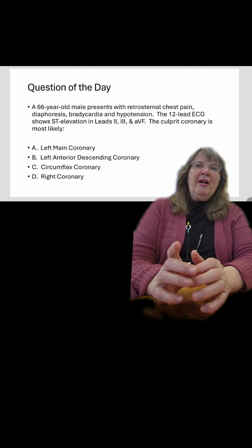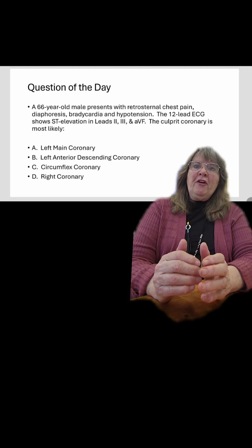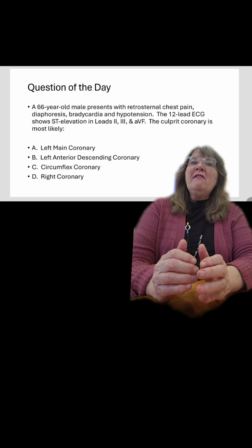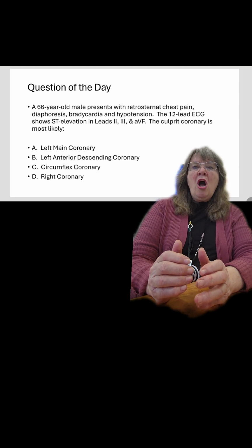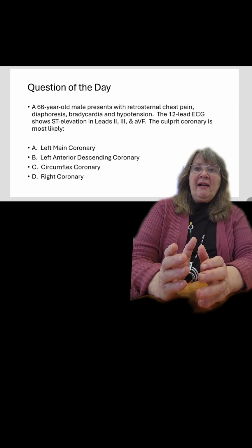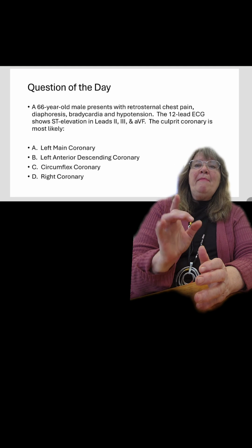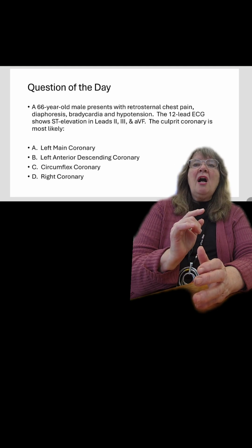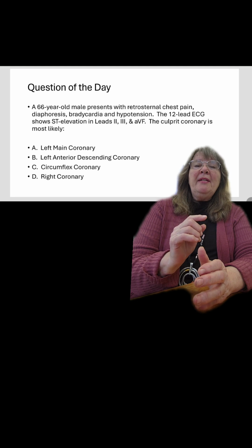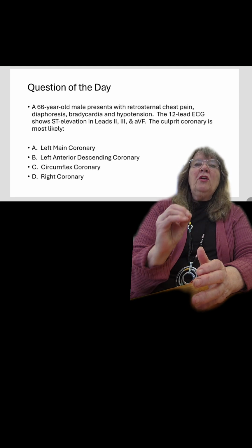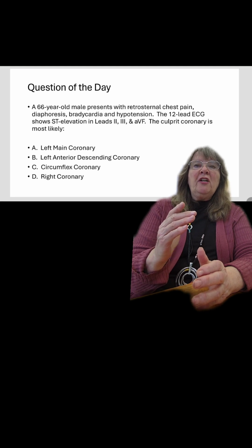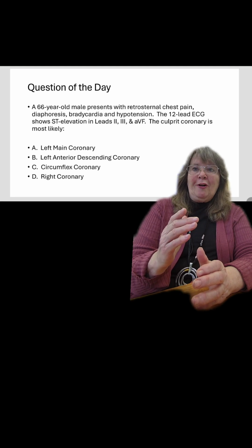So the right coronary supplies the inferior surface of the left ventricle along with the right side of the heart. And oh, by the way, before we talk about the rationale as to why the other answers are not correct, I want to mention that about 1/3 of the patients that have an inferior wall infarct also have infarcted their right ventricle.